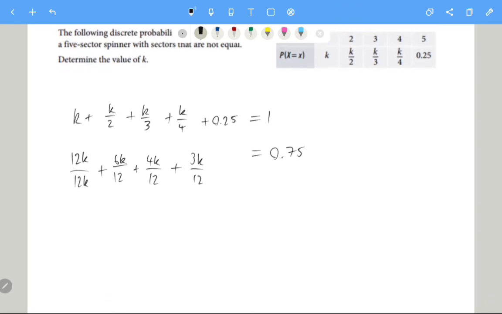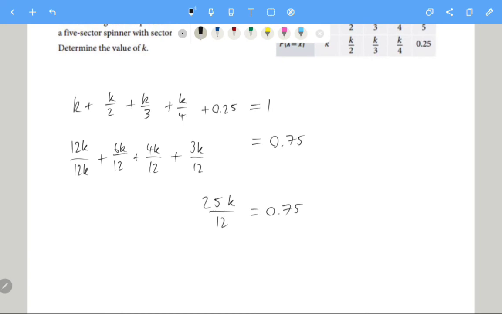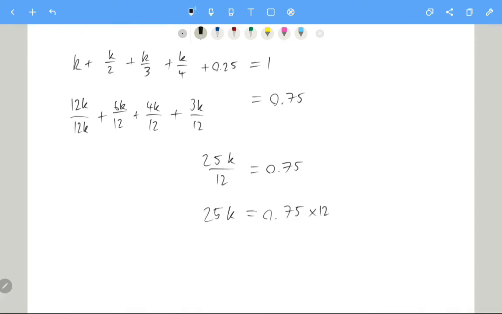And now we can just add up all of these numerators. We have 12 plus 6 is 18, plus 4 is 22, plus 3 is 25. 25k on 12 equals 0.75. And now we can just multiply both sides by 12. A useful trick for when multiplying decimals by whole numbers is that if you double one, you can halve the other.